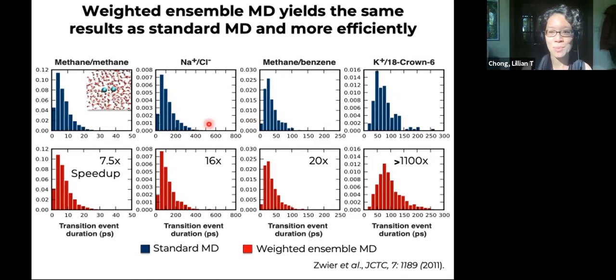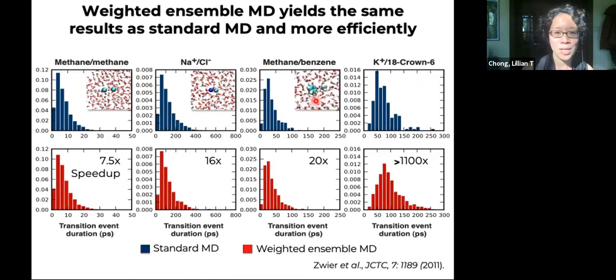And all of these processes can be run down to the ground with brute force standard simulation. So the next one was association of NaCl, and then the association of methane-benzene, and then finally the most complicated was the association of a potassium ion with a flexible crown ether in explicit solvent.